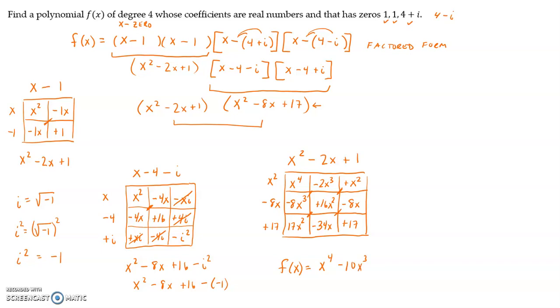When we go ahead and combine our x squared terms, this is going to give us a positive 34x squared minus 42x plus 17. So here's our final polynomial. We can do a little double check on it. All right, we're supposed to have a degree 4 polynomial, and we do. That's our highest exponent.